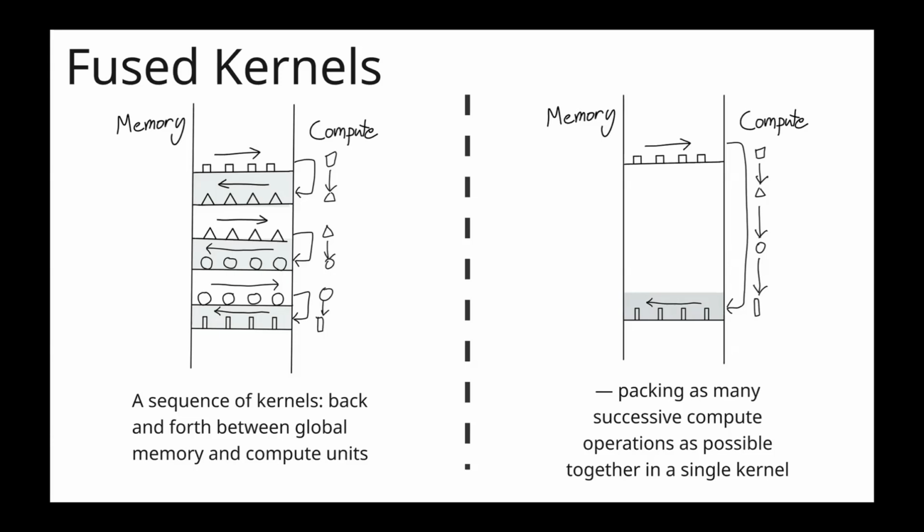We can sequence several operations in the compute unit, and only at the end of this sequence, we store the data back into the memory. So instead of going back and forth between global memory and compute units with very fast SRAM memory, we will try to pack as many successive compute operations as possible together in a single kernel. And a kernel, as a reminder, is just a program that runs in parallel on the GPU. Basically, a compute program.